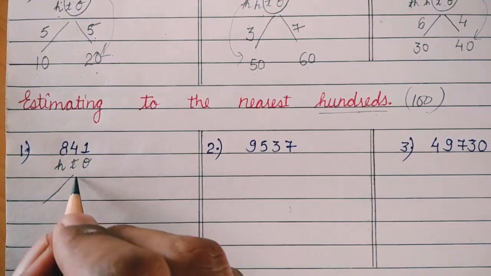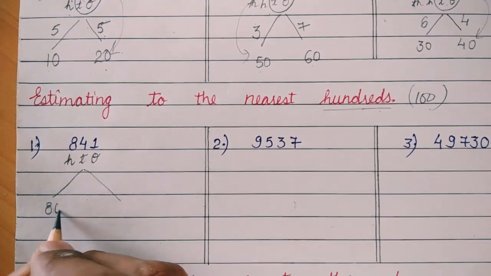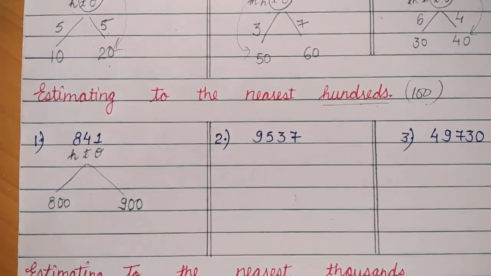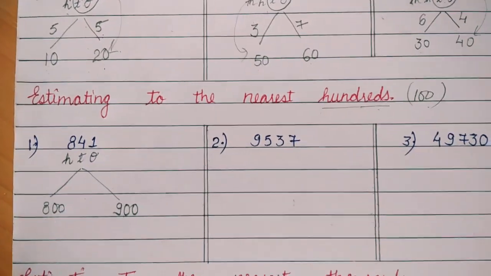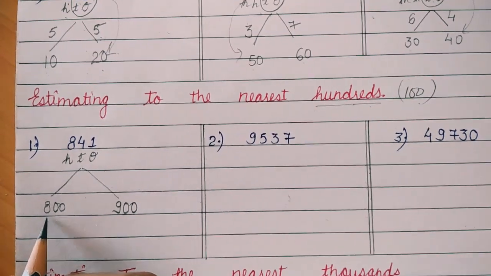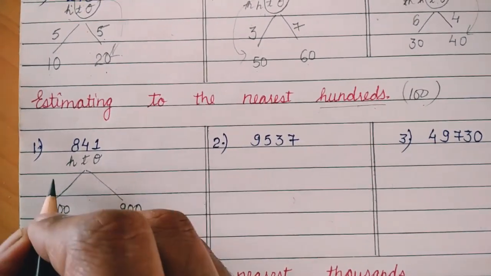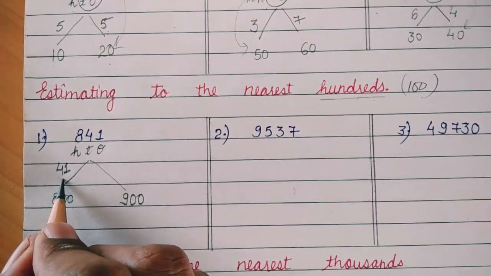And we know in the 100 term, 841 is coming in between 800 and 900. So when we are moving from 800, we have to take 41 steps. How many steps do we have to take? 41 steps.